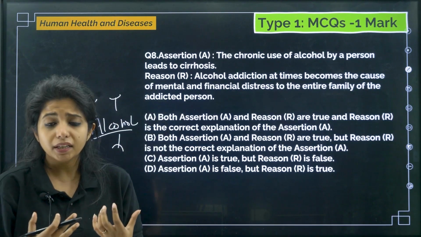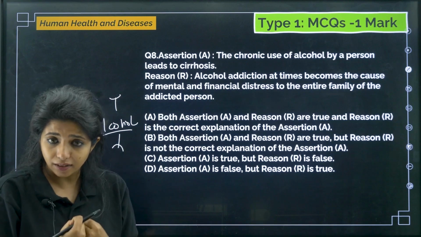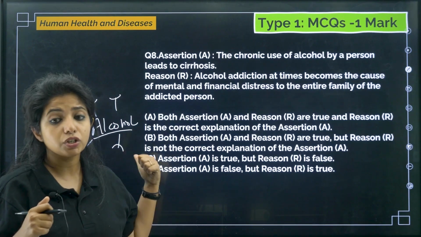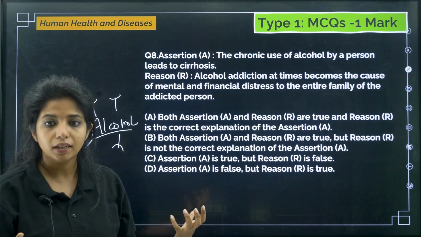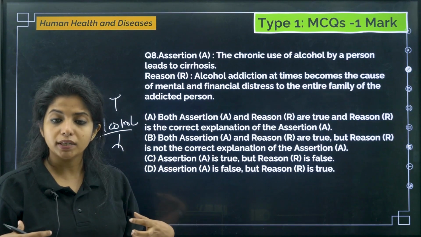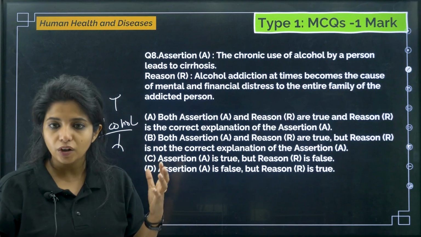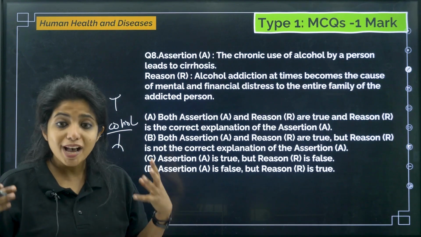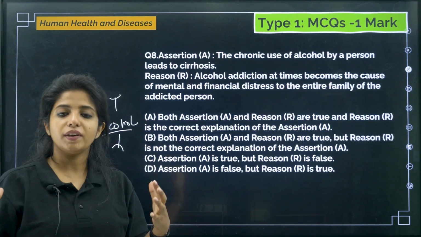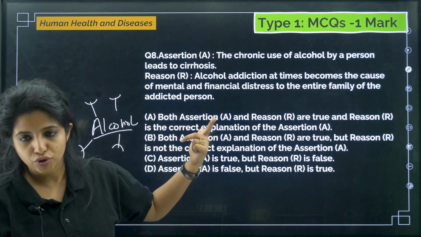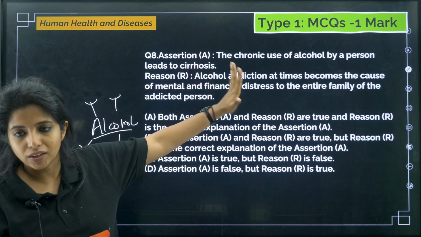But every time it does it, it is making the liver cells tired because you are giving too much work to the liver cells. And if this detoxification does not happen, obviously the alcohol will get accumulated inside our body, and something is alcoholic, the whole pH, everything is getting disturbed in our body, right? And we will be killed. So the liver has to do this, but when it does this, it always gets scarred, it gets tired, and that's when we say the person has liver cirrhosis. So this assertion is entirely true.